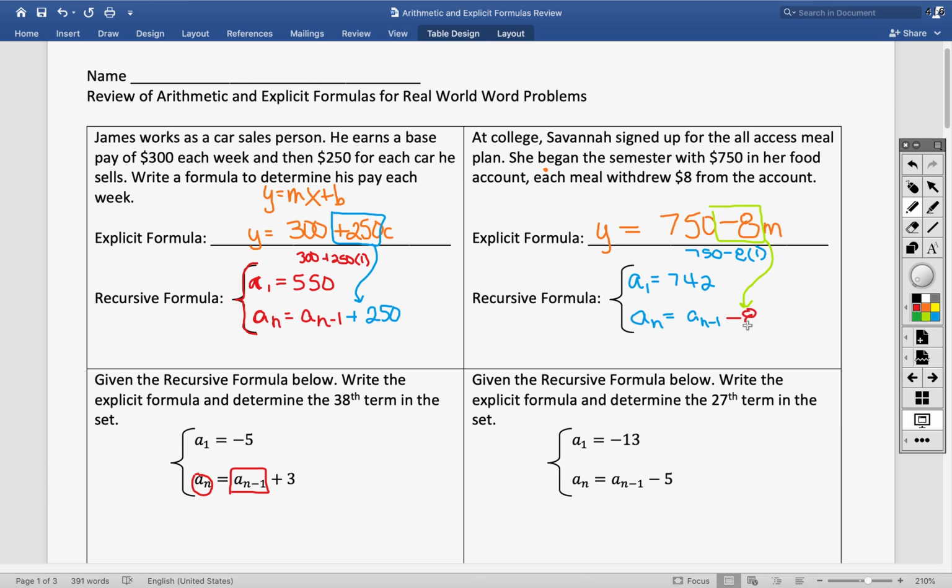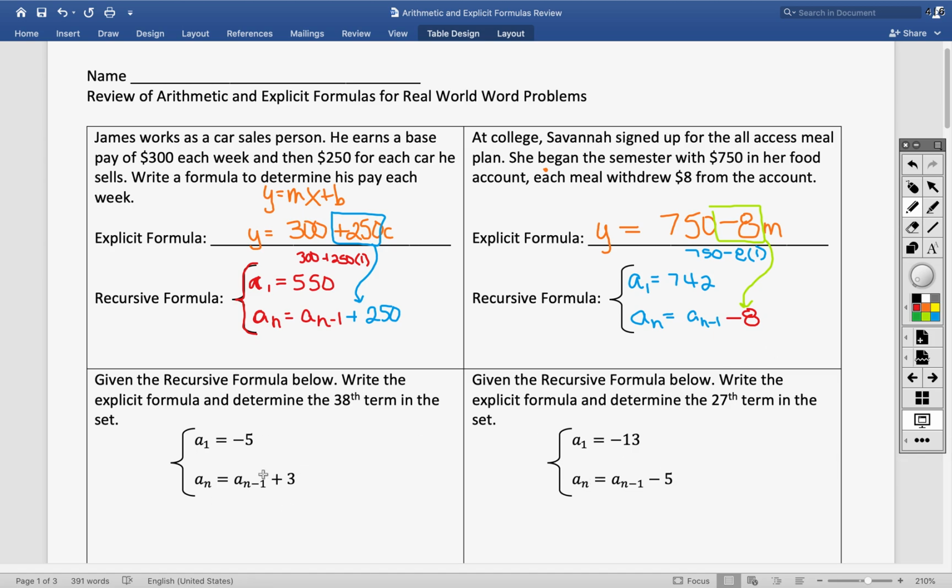So minus 8. That's all you do for writing a recursive formula. Okay. If you want to pause the video and go ahead and write the recursive formulas for the back questions, that's a really good strategy.